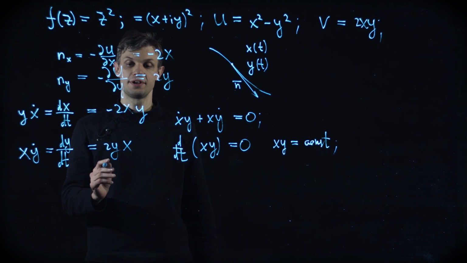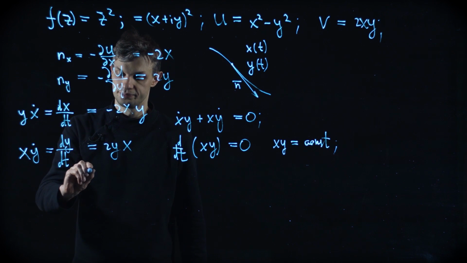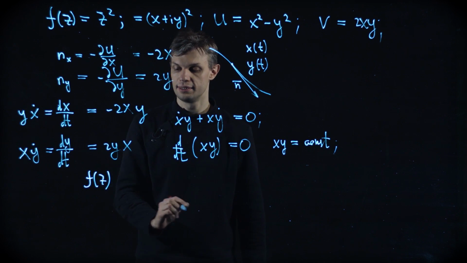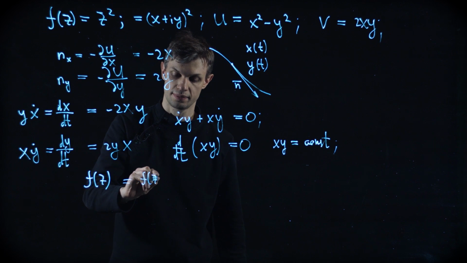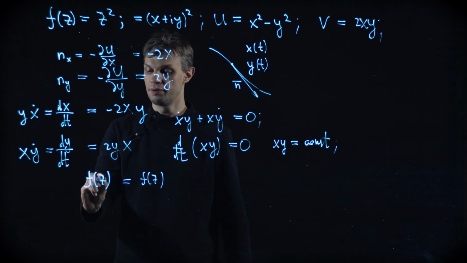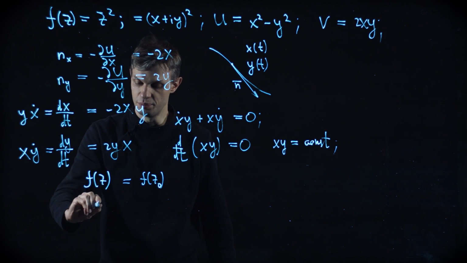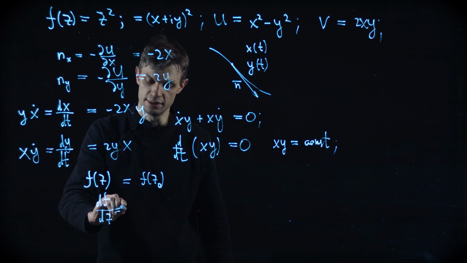Now let's figure out what is happening near the saddle. As we remember, the saddle is defined by the condition that the first derivative of the function vanishes. It's a critical point, df over dz is 0.